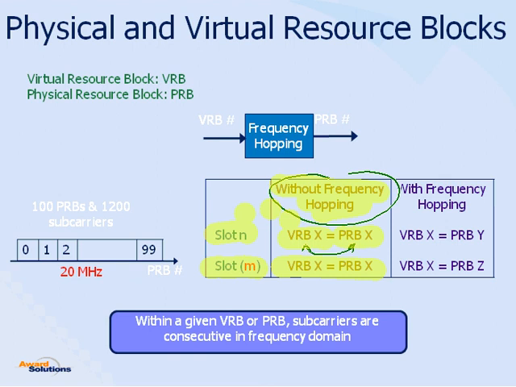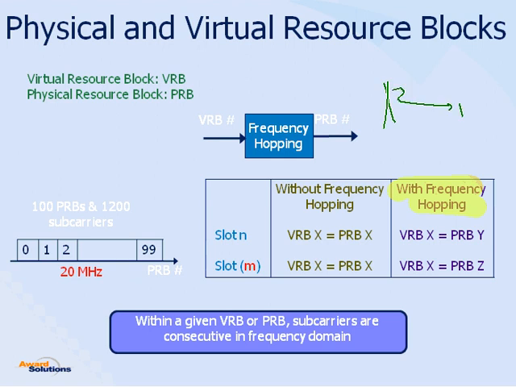Now what happens when you do have frequency hopping? So let's say that our base station has given the block number X to the UE. That, hey UE, I am giving you virtual block number X. Then we will give that number to this formula, and it will give us the physical block number.